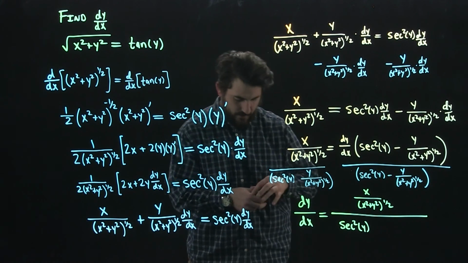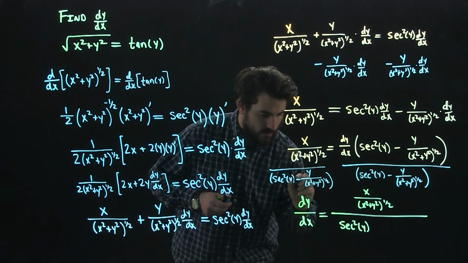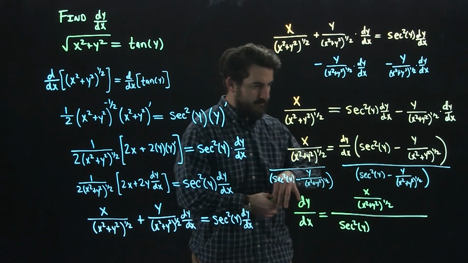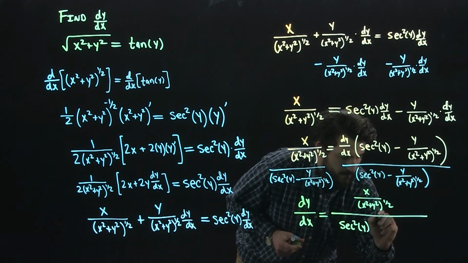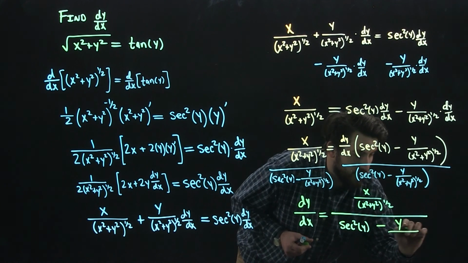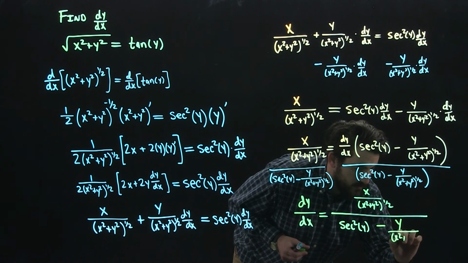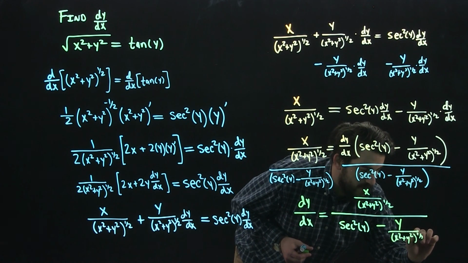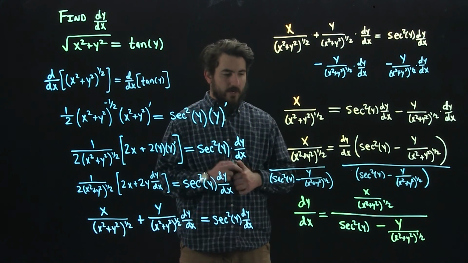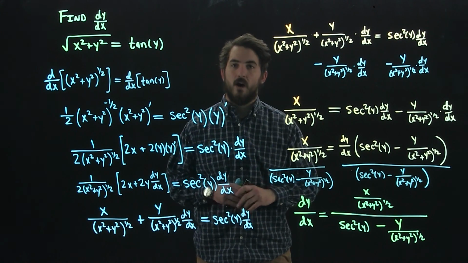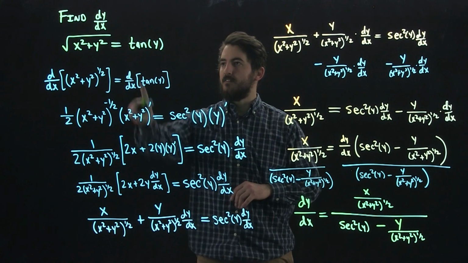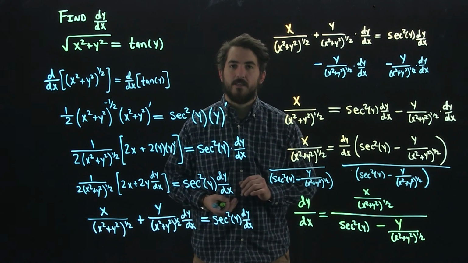Minus y over (x squared plus y squared) to the 1/2. And again, it doesn't look pretty, but that would be the derivative of y, or dy/dx, of this equation using implicit differentiation.